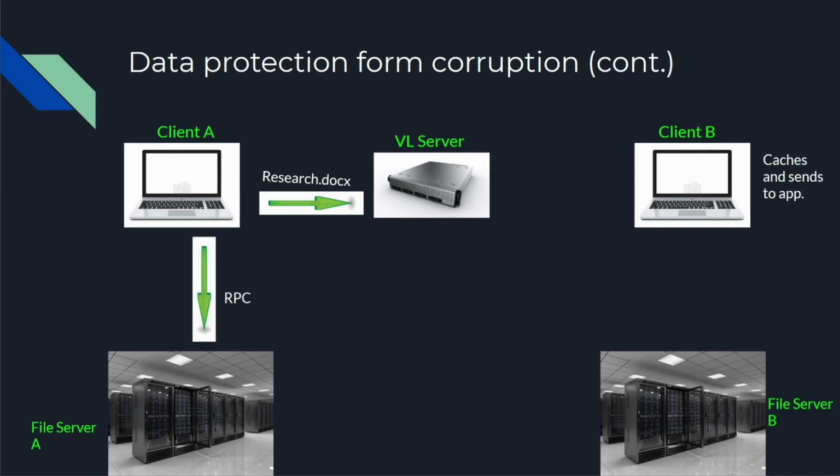The volume location server will then respond with the file server that is closest and most accessible to client A. Then client A's cache manager will send a remote procedure call to file server A. And file server A will respond back with the file and a callback linked to that file. Once the file reaches client A, the cache manager caches it locally and then sends it to the application that requested it.